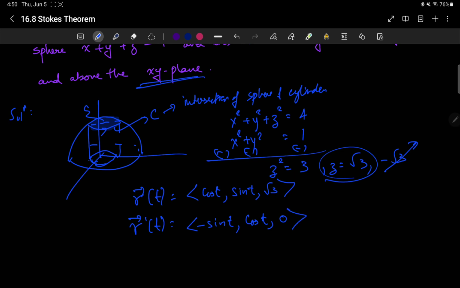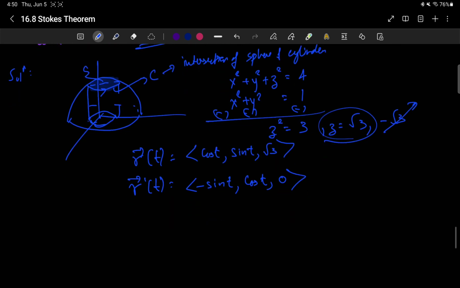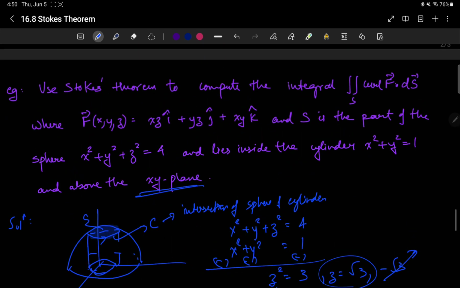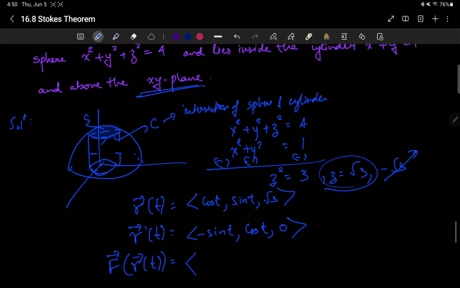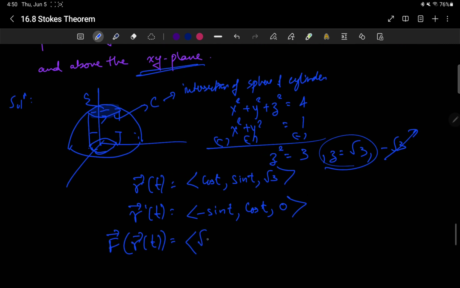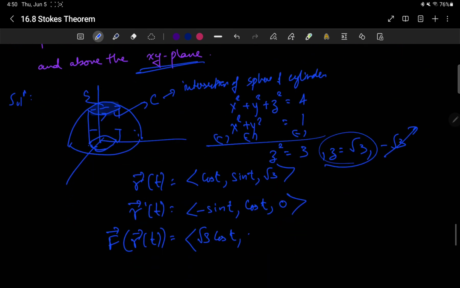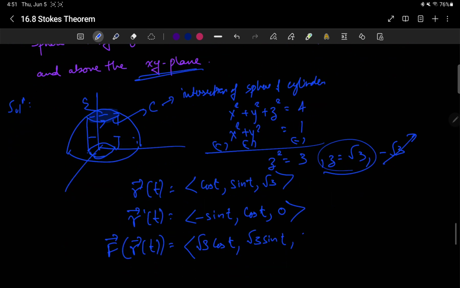Once we have that, we can rewrite the given vector field in this parameterized form. So what do we have? xz is root 3 cosine t. Then we have yz, which is root 3 sine t. And we have xy, which is cosine t sine t.